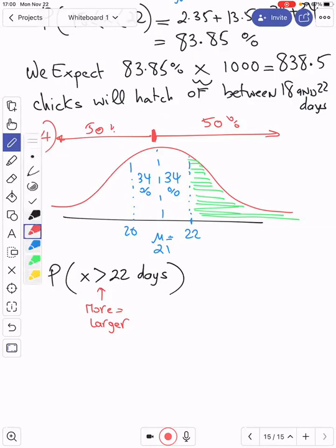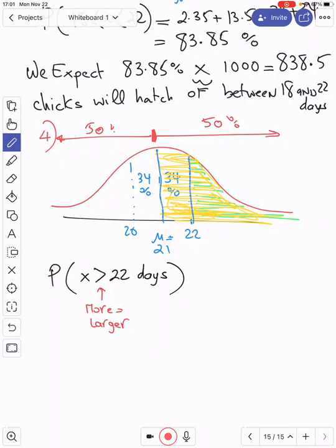Okay, so the idea is that, let me use a different color. Let's use yellow. So you see the yellow region here? The yellow region is 50%. But you know that this region between 21 and 22 is 34%.